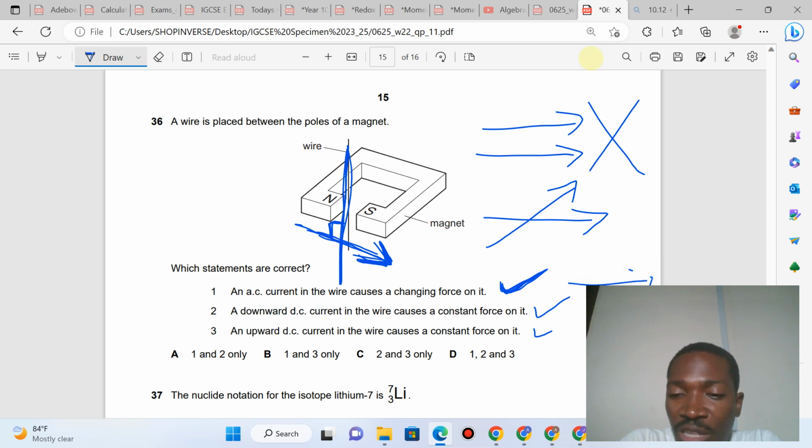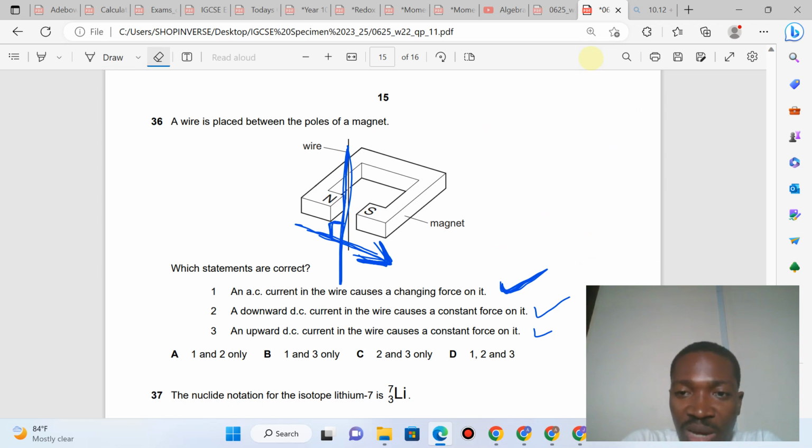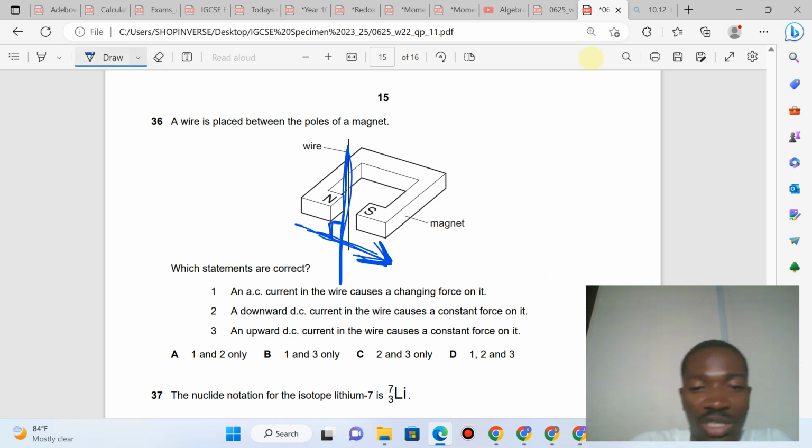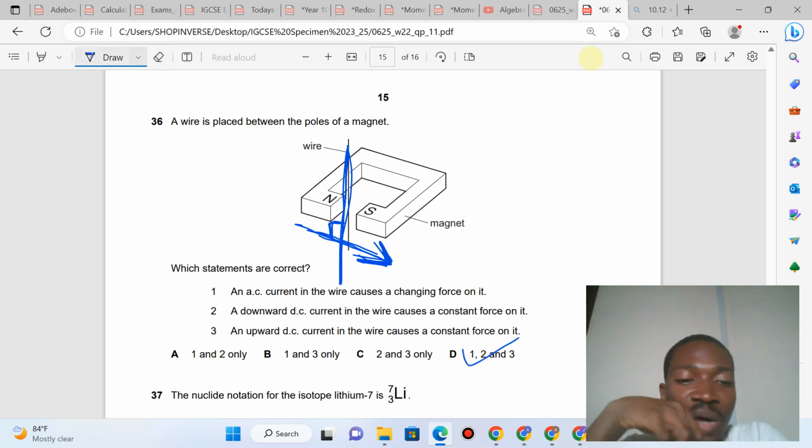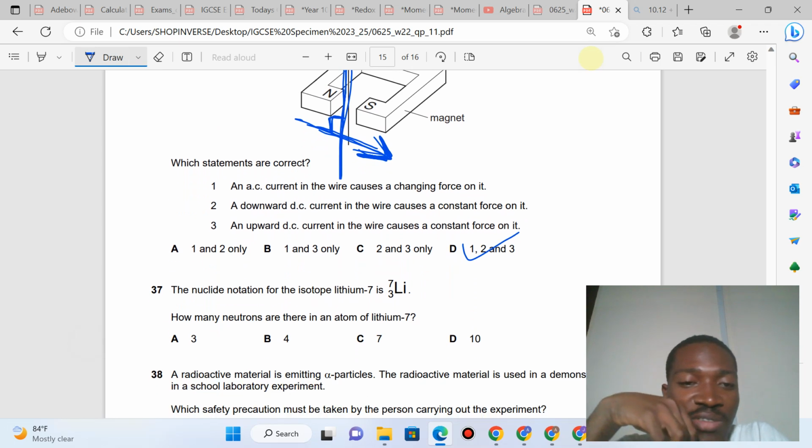If they are inclined at 90 degrees, then the force between those two will be maximum. But here, we are not really interested in that. We are just interested in whether there will be force in each of these. And option D is the correct answer. Three of them are correct. An AC causes changing force. A DC causes a constant force.